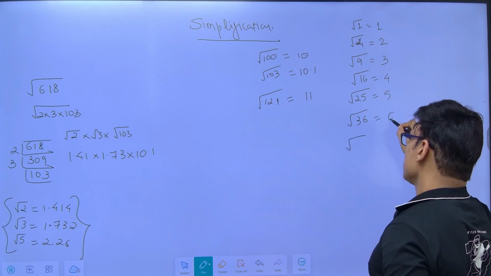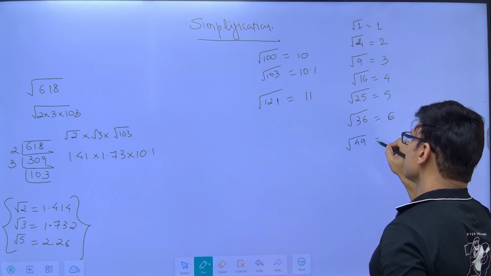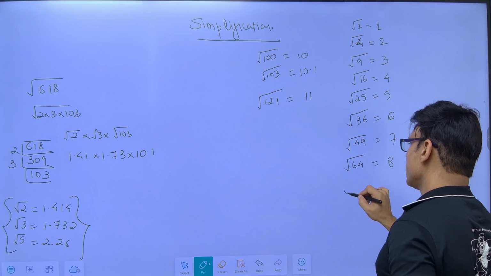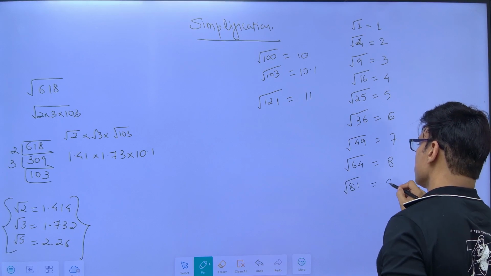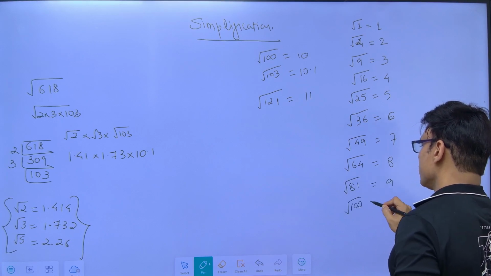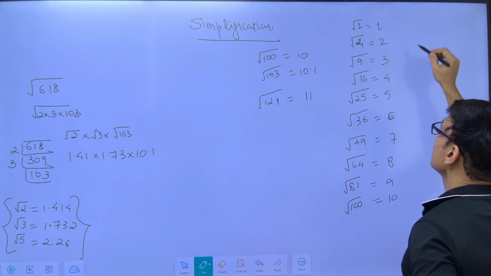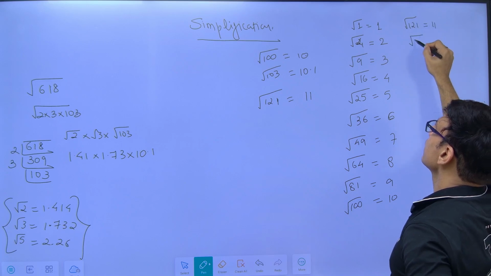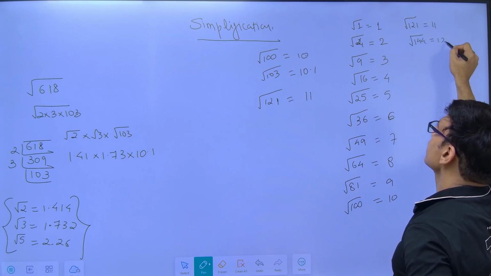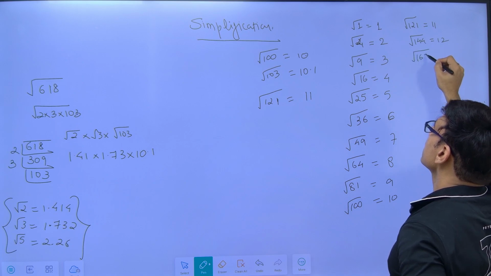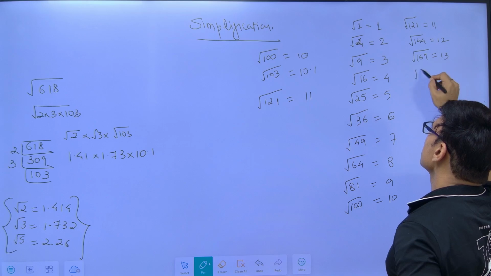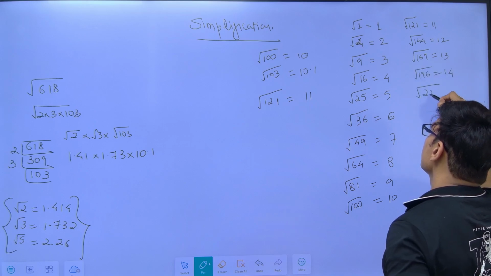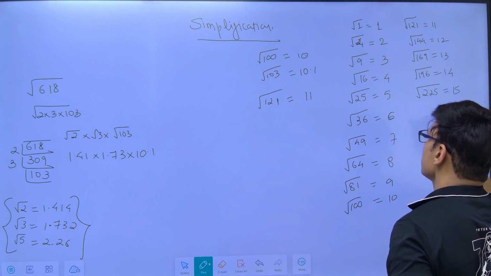Under root of 49. Under root of 64. Under root of 81. 9. Under root of 100 is equal to 10. Under root of 121. 11. 144. 12. 169. 13. 196. 14. And under root of 225 is equal to 15.